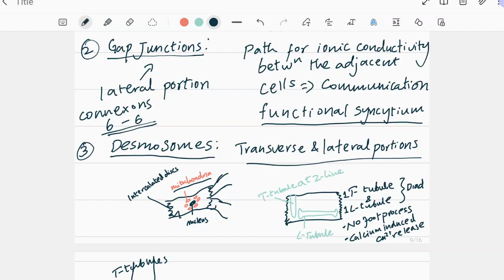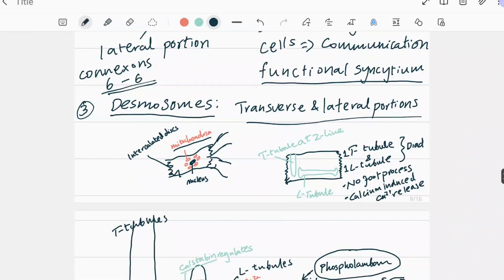Some other unique features of cardiac muscle are they do have T tubules and L tubules just like your skeletal muscle, but you should be aware that they're not organized the same way as in the skeletal muscle. So in the skeletal muscle you had something called triads, if you remember, where at the A-I junction there was a T tubule over here and a T tubule over here, and there were L tubules on both sides.